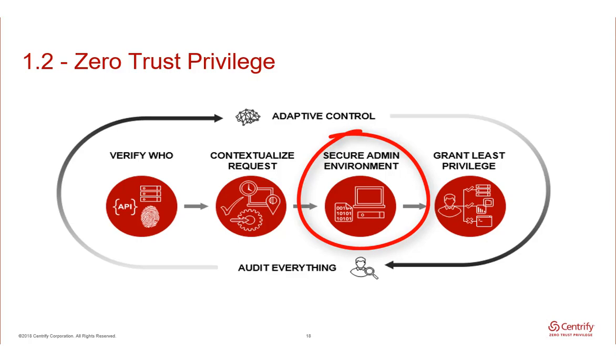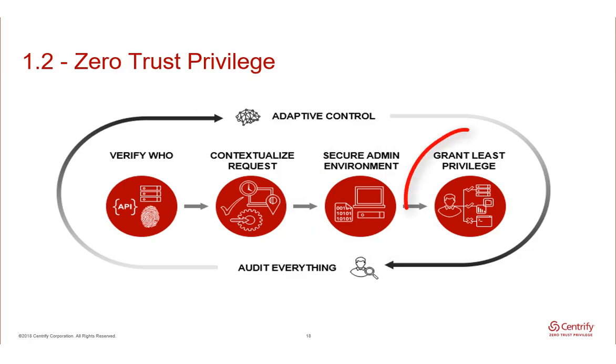So to achieve this, we need to make sure that access is only achieved through a clean source. Now, Zero Trust Privilege means preventing direct access from the user's workstation that also has access to the internet and email, which are too easily infected with malware. What we do from a Zero Trust Privilege perspective is provide that secure administrative environment via browser or via verification through an agent.